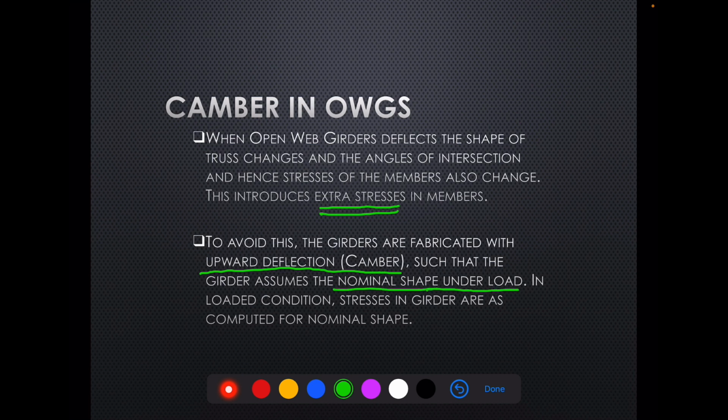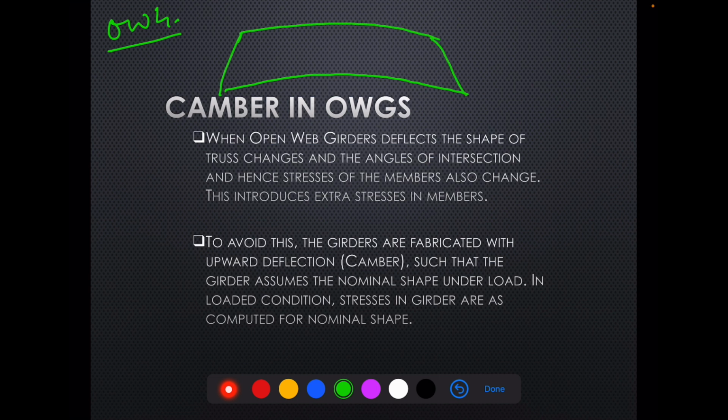In loaded condition, stresses in the girder are as computed for nominal shape. So overall, the idea is to fabricate an open web girder such that its shape is something like this.